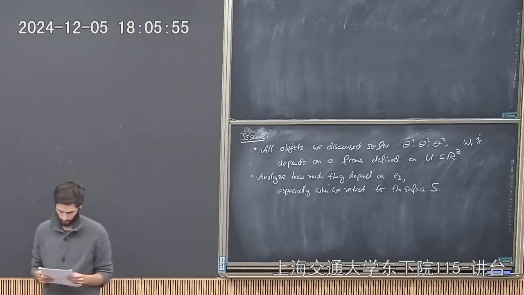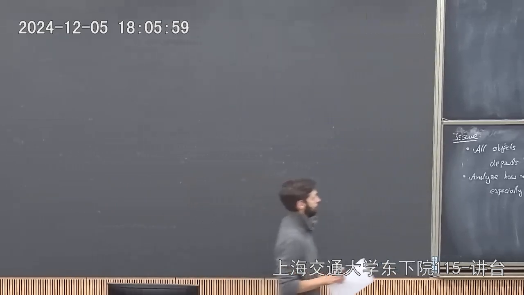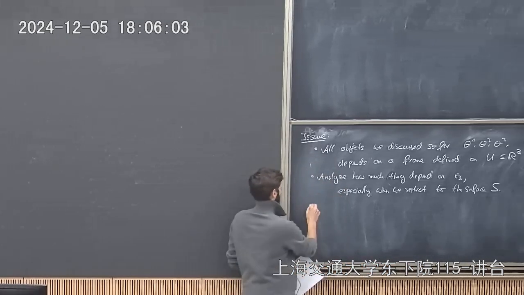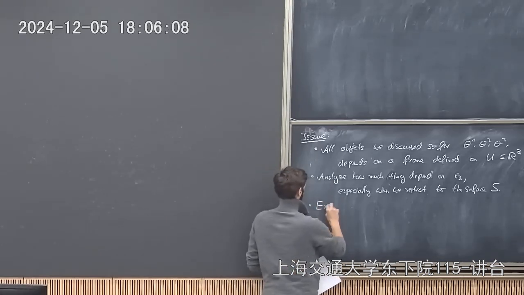So the point is that we would like to say, for example, that things that only involve coordinates 1, 2, that's the expectation.